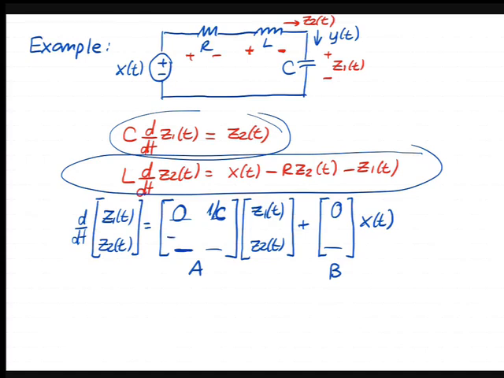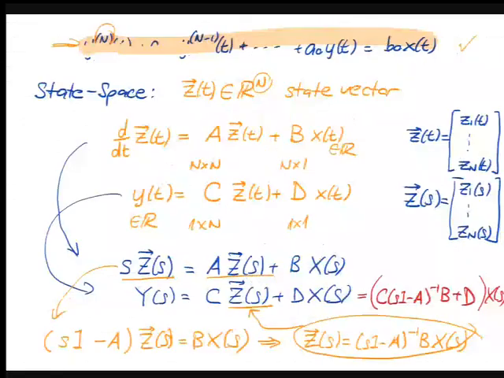Minus 1 over L, because that's what you get in front of z1. For z2, you'll get minus R over L. And for the input, you'll get 1 over L. All right. So that's the first part of our state equation, right?